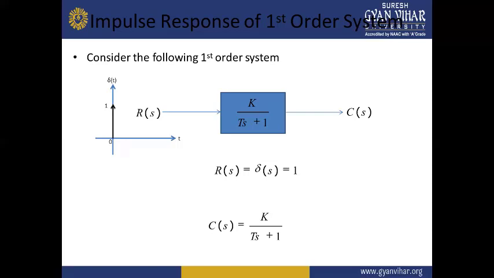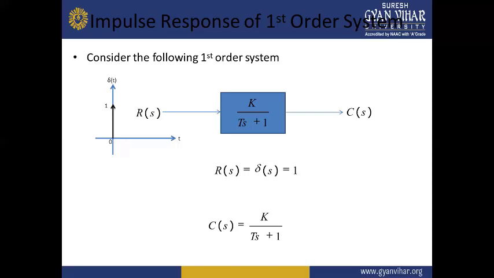So when you apply such an impulse input, which is defined by delta(t), to the input of the first order system, as shown in this figure, we will be getting a response C(s). Now let's see what C(s) comes out to be. When I apply this, R(s) equal to delta(s) in the Laplace domain is equal to 1.